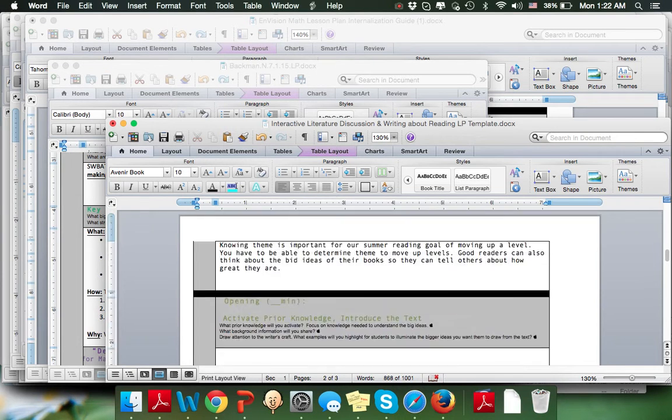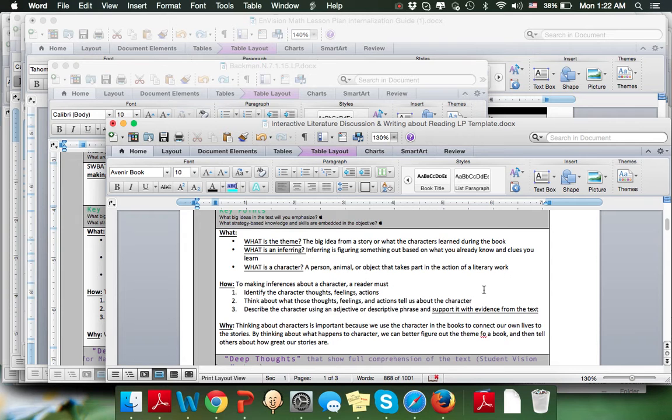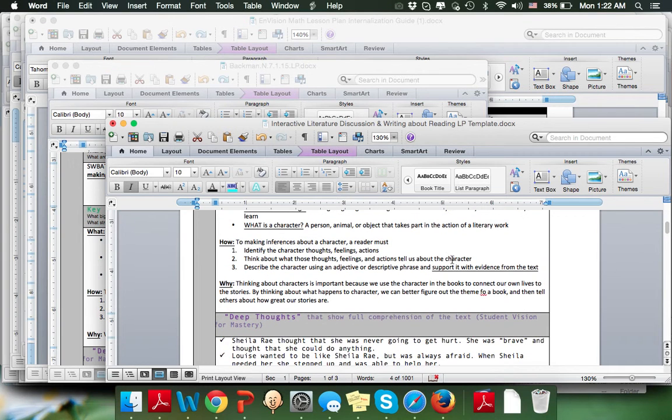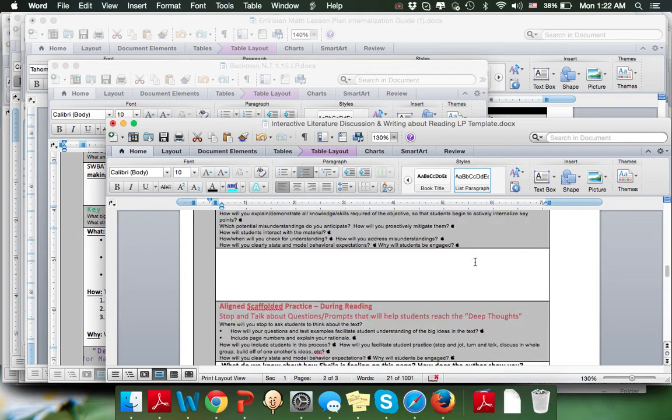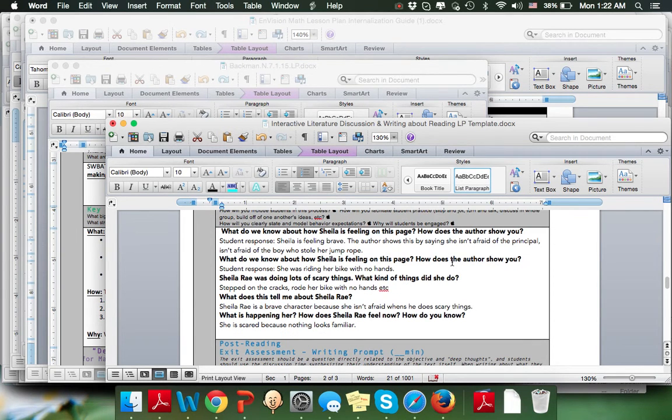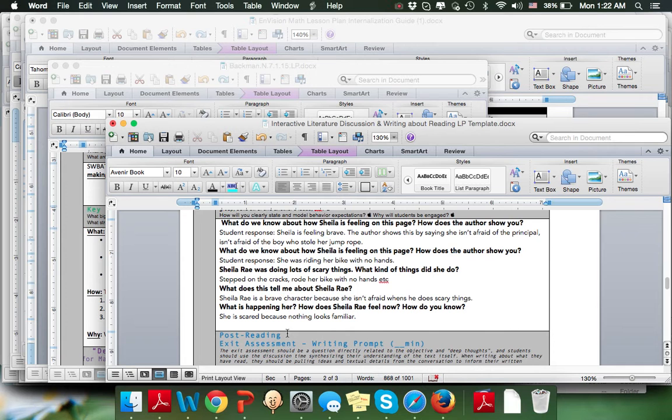Now, I want them to think about what has changed for Sheila. Again, if I'm going to really get them to be able to conclude that everyone gets scared sometimes, I want to use these character inferences to help them do that. So I've had them infer a lot about Sheila, about how Sheila's feeling, about all the different components of what Sheila's character truly is. So I'm going to get them to think about Sheila by saying, how did Sheila change in this story?